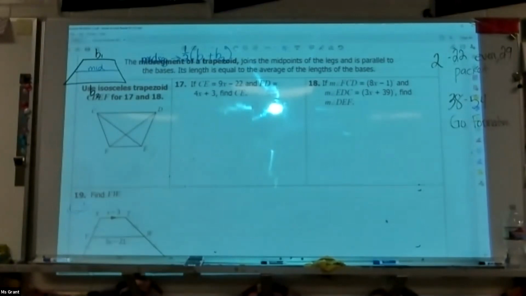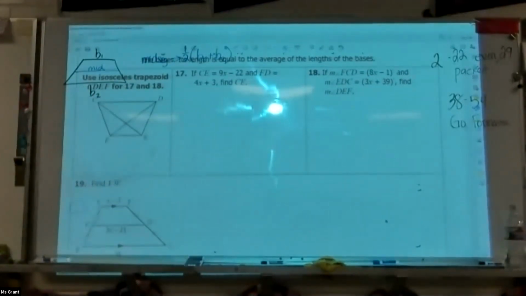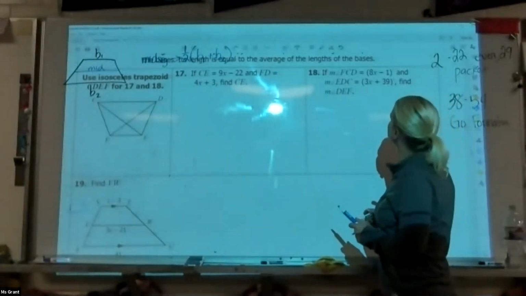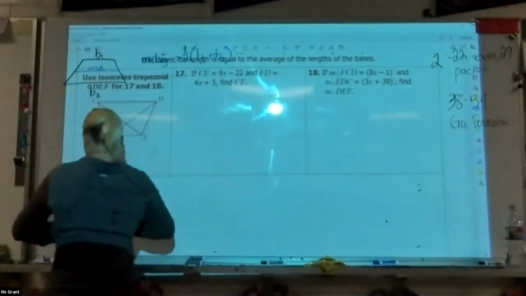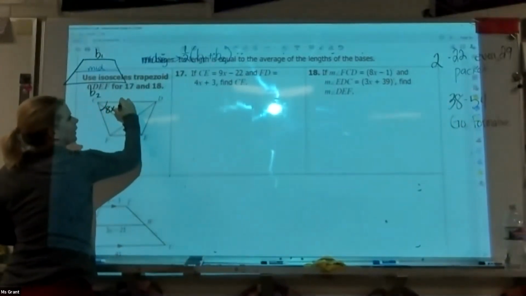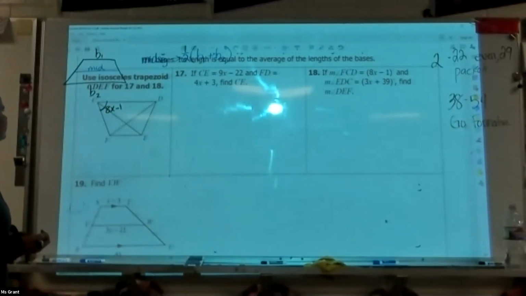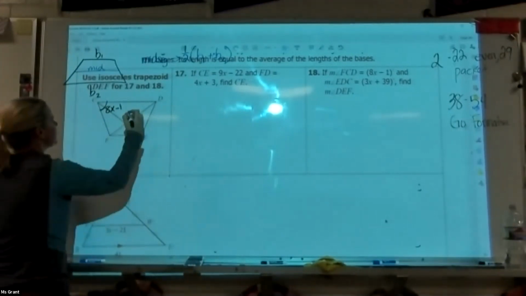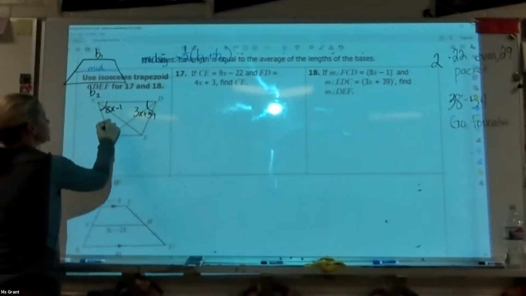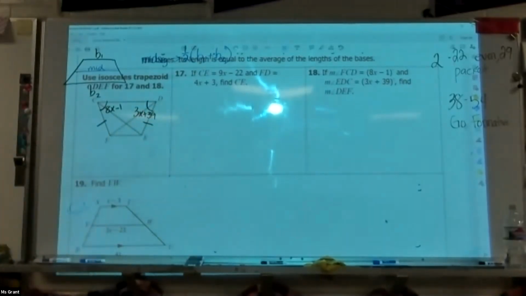Which I really need to do this then. Okay. FCD is 8x minus 1. EDC is 3x plus 39. It's an isosceles trapezoid, which means that my legs are congruent. Sorry.